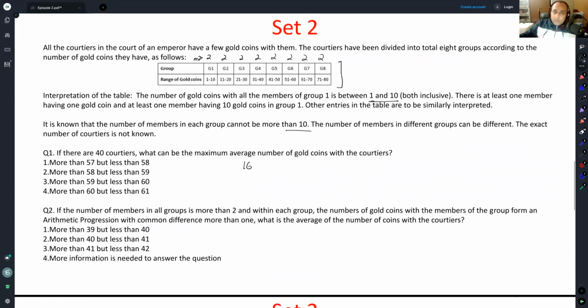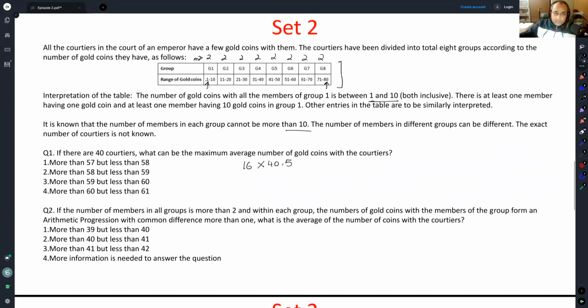You don't need to do any maths. You can straight away go minimum value, maximum value, and the average of that. So 16 into 40.5 is straight away known, for the simple reason that the data points here are distributed.